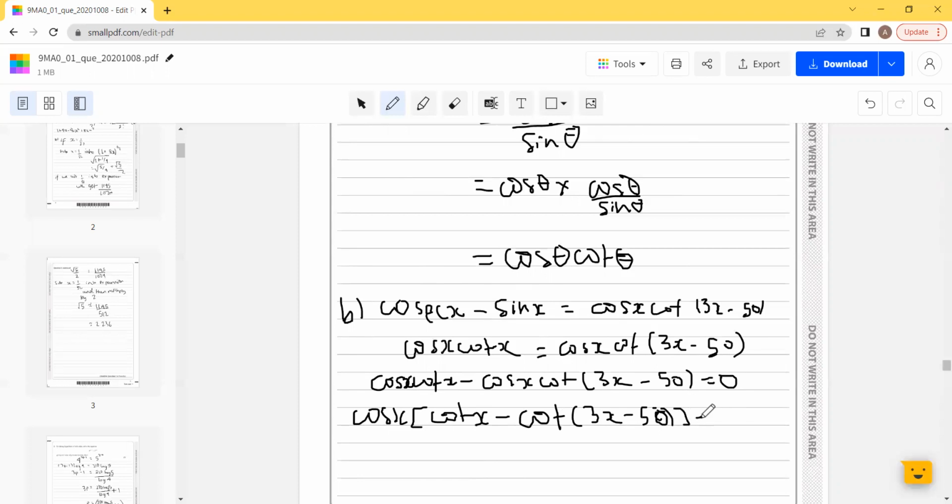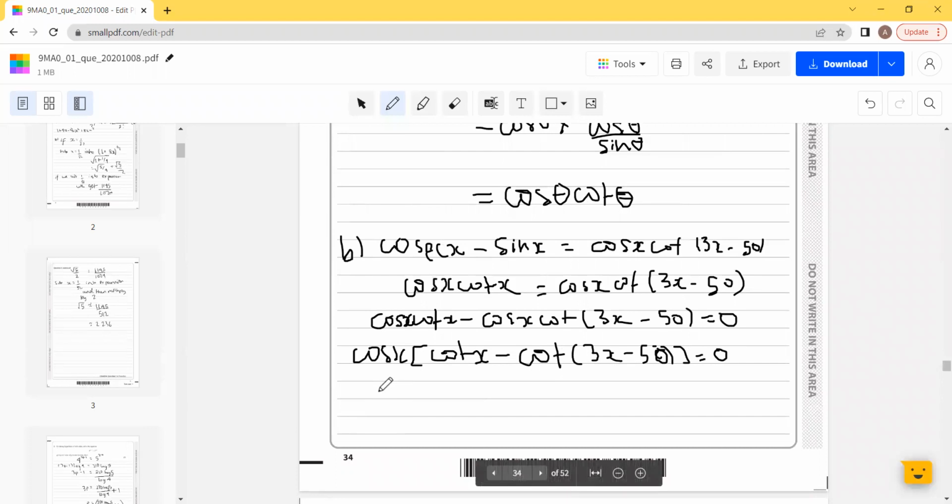Okay, so now I'm going to try and solve this for x. So this means that cos x is 0, or cot x is equal to cot 3x minus 50.